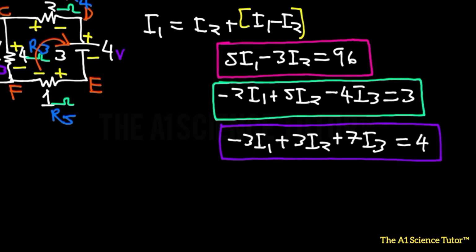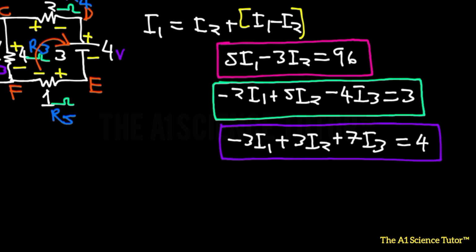So this is a set of simultaneous equations we have. I'm really just going to use my calculator to solve it because we don't have time. Need to redo that. Okay. So the first one, we have 5 as a coefficient for I1, and -3 as a coefficient for I2.